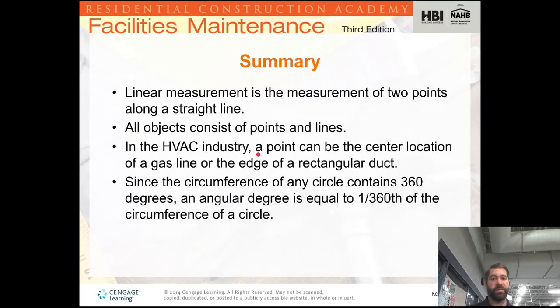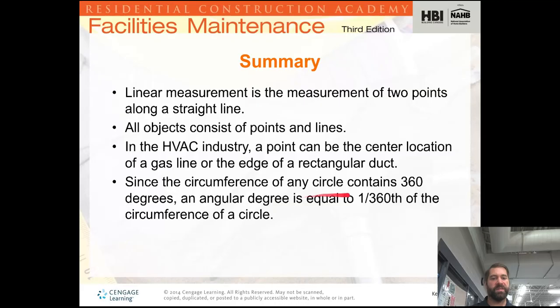Same with this. So, as a quick summary, linear measurement is the measurement of 2 points along a straight line, right? Dot, dot, straight line. All objects consist of points and lines. In the HVAC industry, a point can be the center location of a gas line or the edge of a rectangular duct. Don't worry about that.